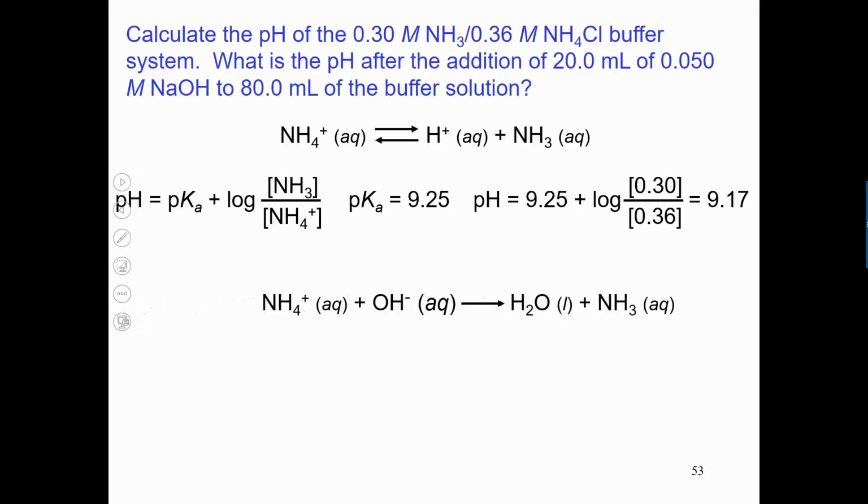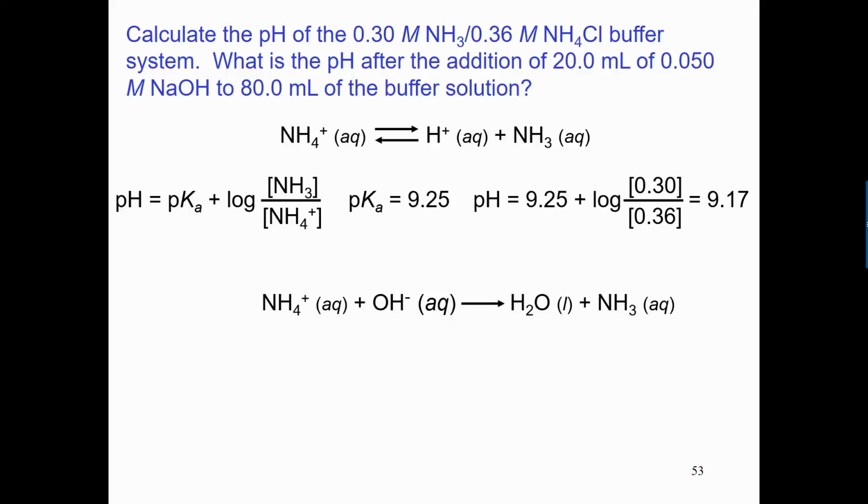Now, what is the pH after the addition of 20 milliliters of 0.05 molar sodium hydroxide to 80 milliliters of the buffer solution? So when I add 20 milliliters to 80 milliliters, that changes what?